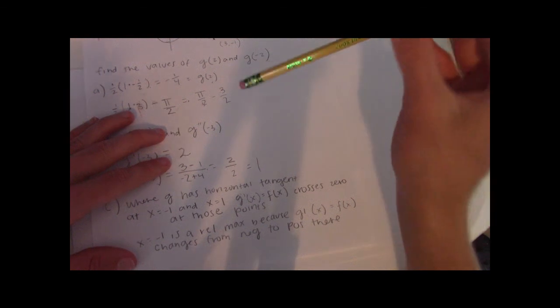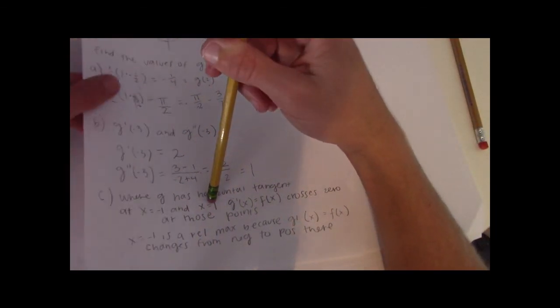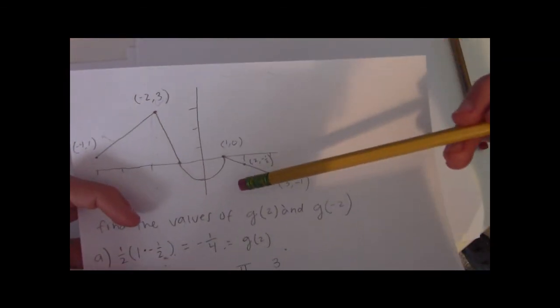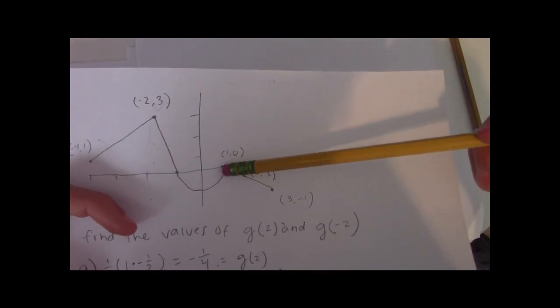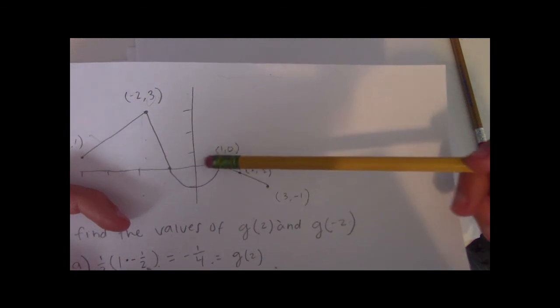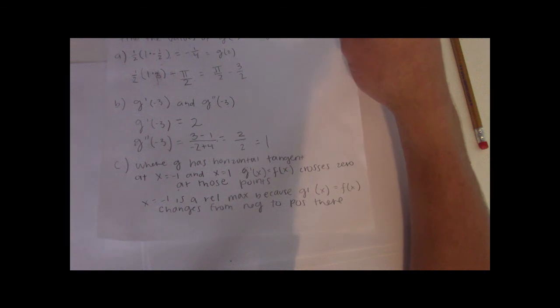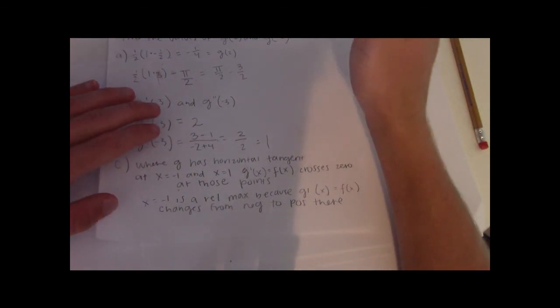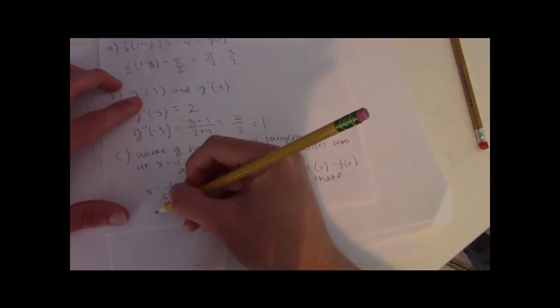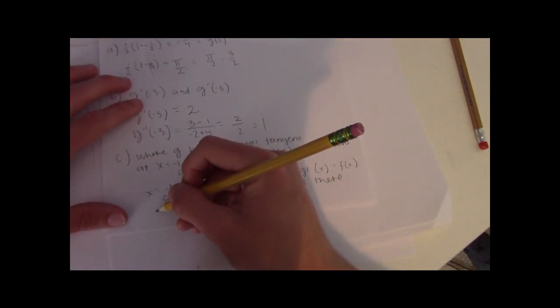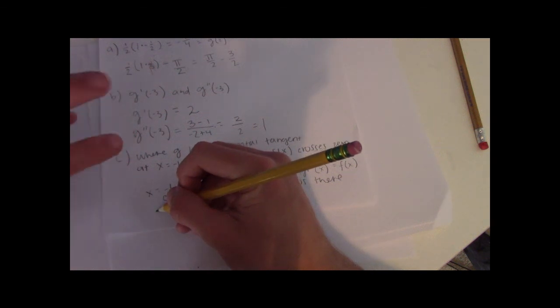And now we look at x equals 1, and we see that the derivative of g, which is f of x, does not actually go across the x-axis, which is a key point here. If its derivative doesn't cross the x-axis at all, then it does not have a relative extreme there because it didn't go from increasing to decreasing.